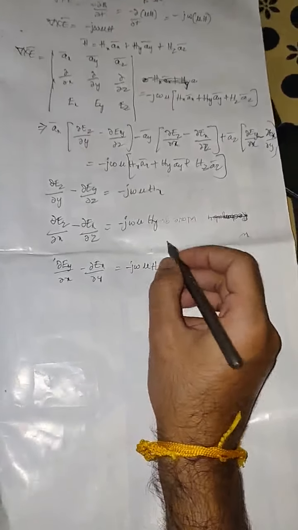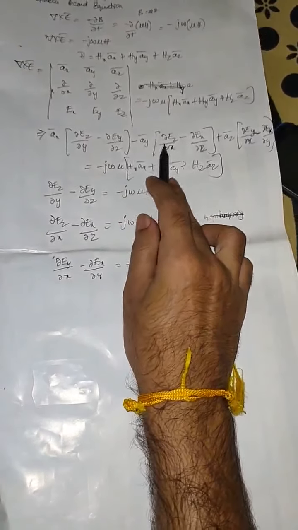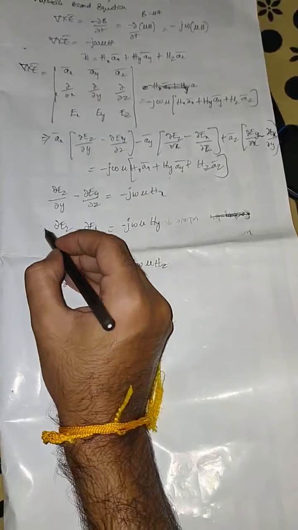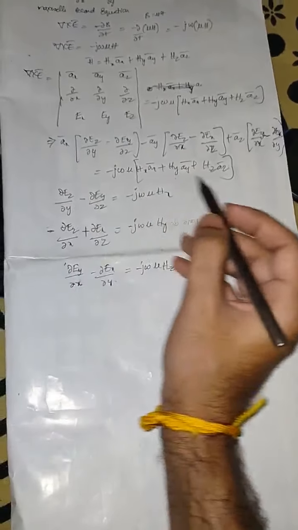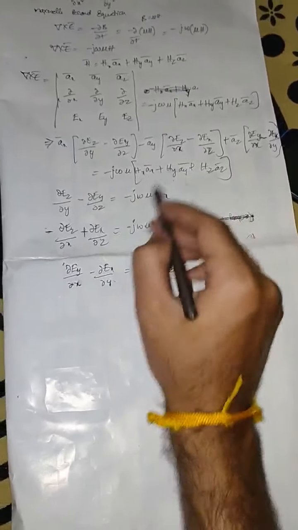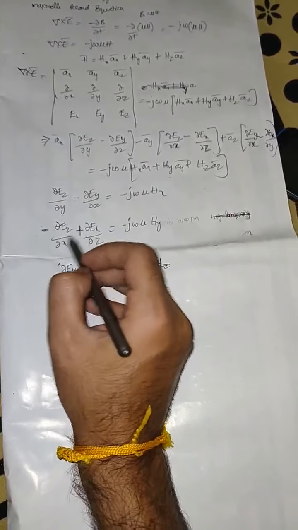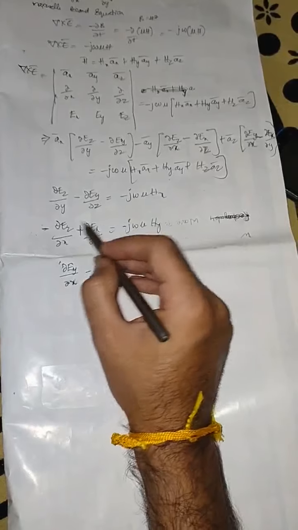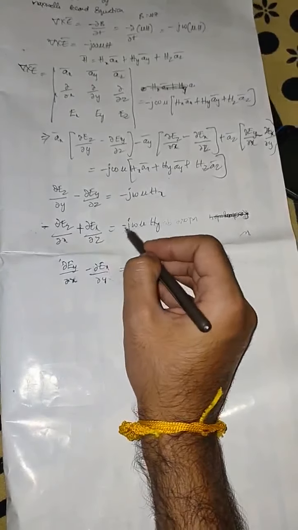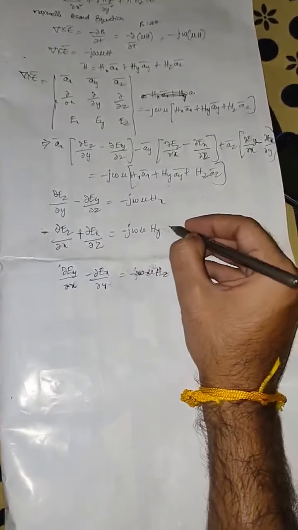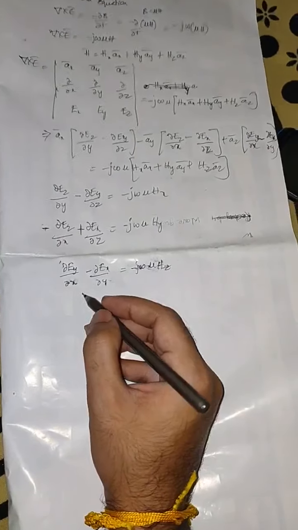Okay, in this if you take the minus component here, this is minus and this is plus. If I take a common minus on both sides, I will get a minus here, and that equation can be written again. We will consider that equation later.